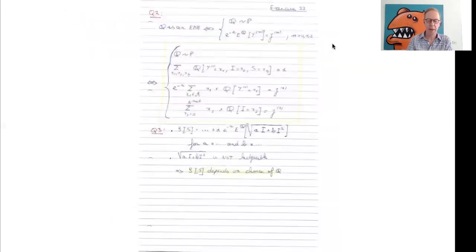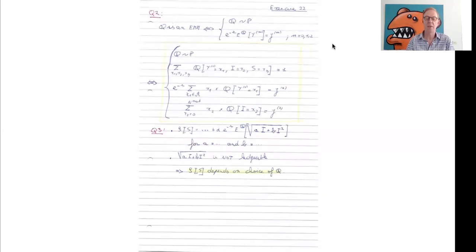Well, as we have just observed, rho S can be written as something plus the expectation under Q of the square root of a times I plus b times I squared, for some fixed deterministic a and b. So in fact, it's an expectation of the square root of a function of I, the traded survival index, and I squared.